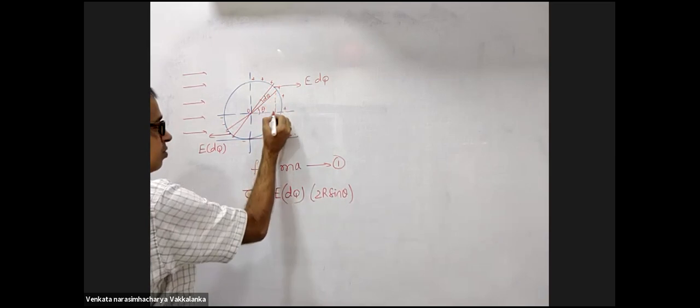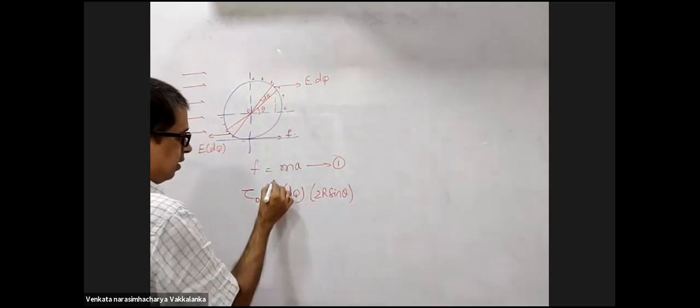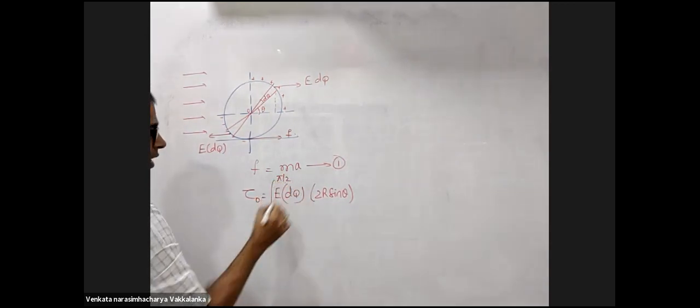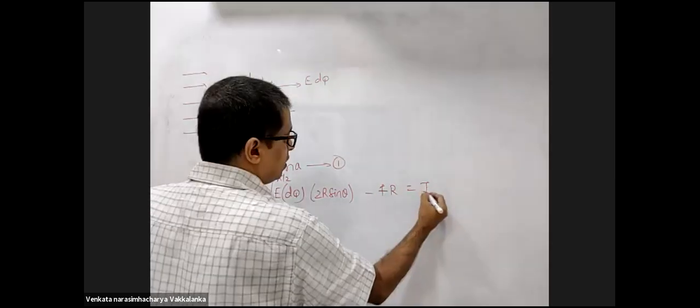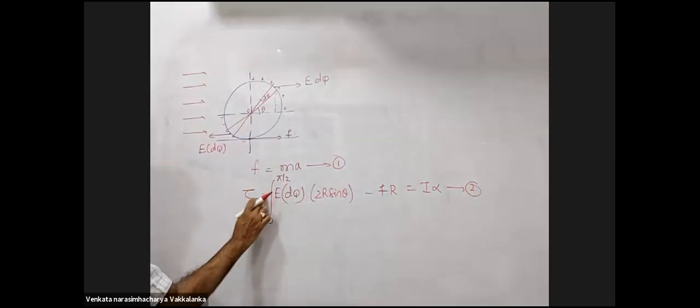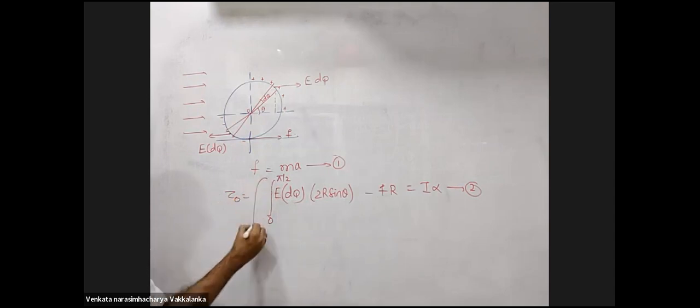This will be r sine theta, 2r sine theta. This we will have to integrate from 0 to pi by 2. Minus f into r is equal to I into alpha, torque about O.